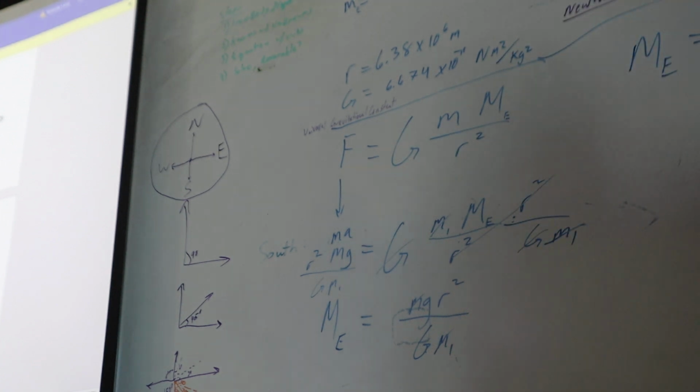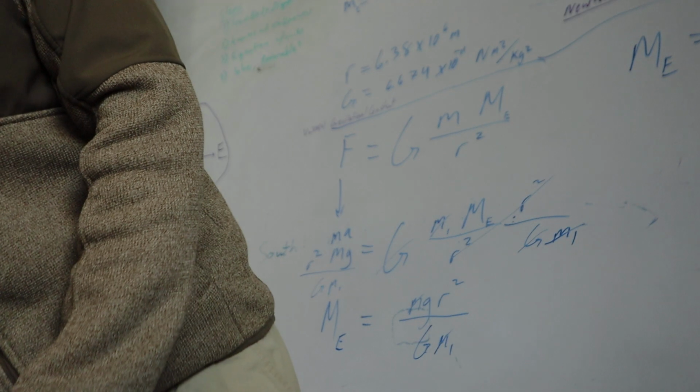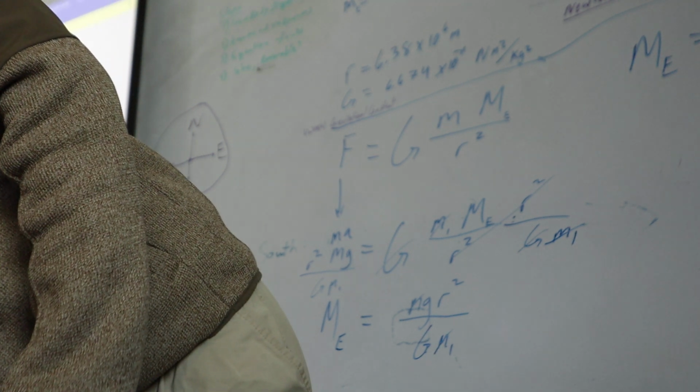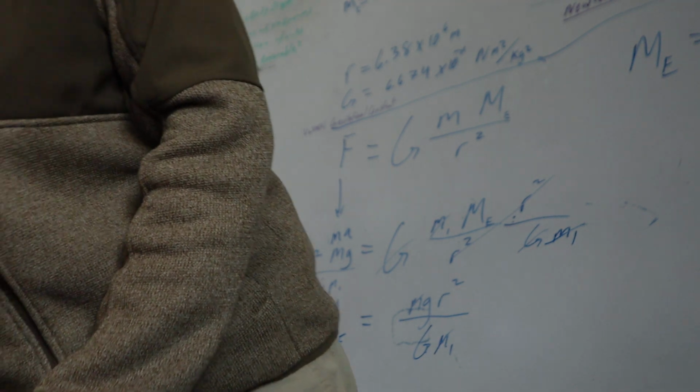So my R is 6.38 times 10 to the 6 meters, all over big G, 6.674 times 10 to the negative 11. All that jazz.